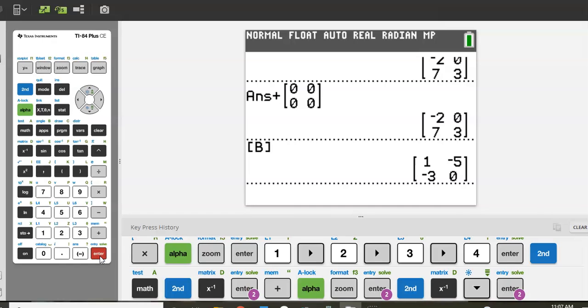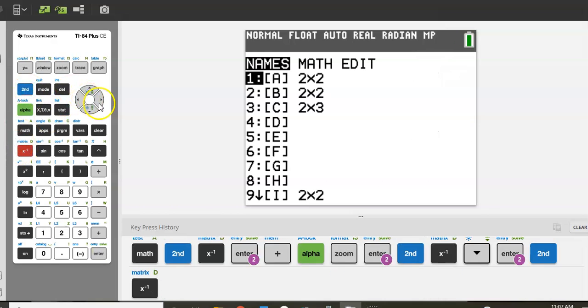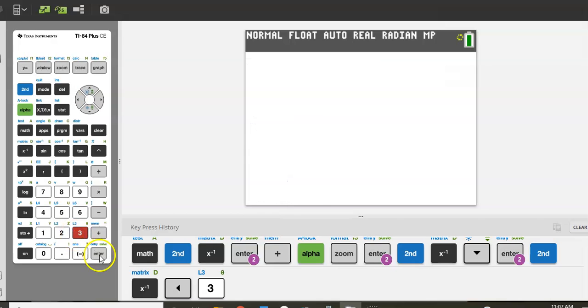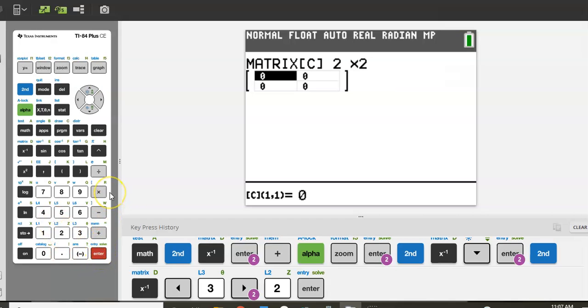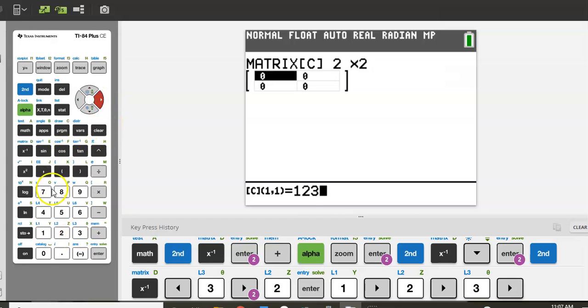So I'm going to go do that. I'm going to press matrix, go over to edit, go into number 3, and change this to a 2 by 2. And then I'm going to define it as 1, 2, 3, 4. That'll be matrix C.